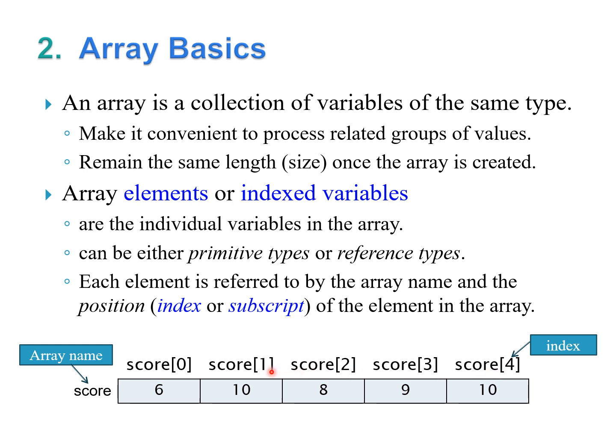The numbers 0, 1, 2, 3, 4 in the square brackets after the array name are the indexes.